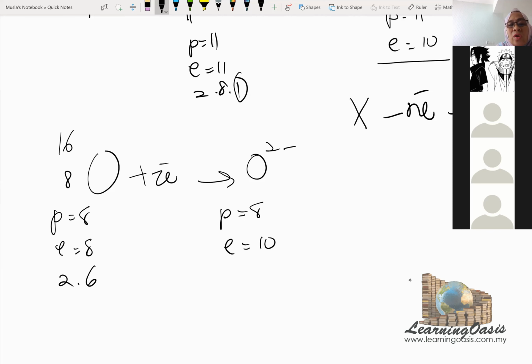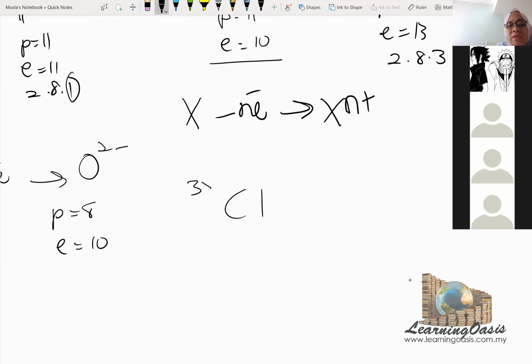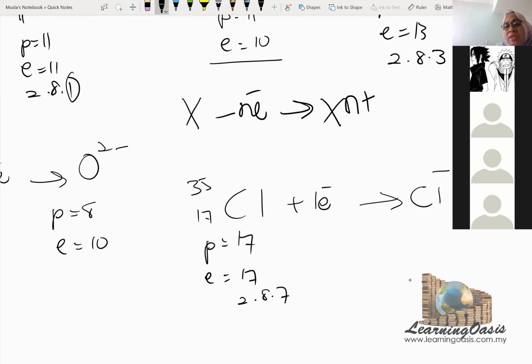Or if I give you chlorine, 35, 17. So proton is 17, electron is 17. 2, 8, 7. How does it achieve octet stability? Gain 1 electron. So now it becomes Cl-, because now it's 2, 8, 8.